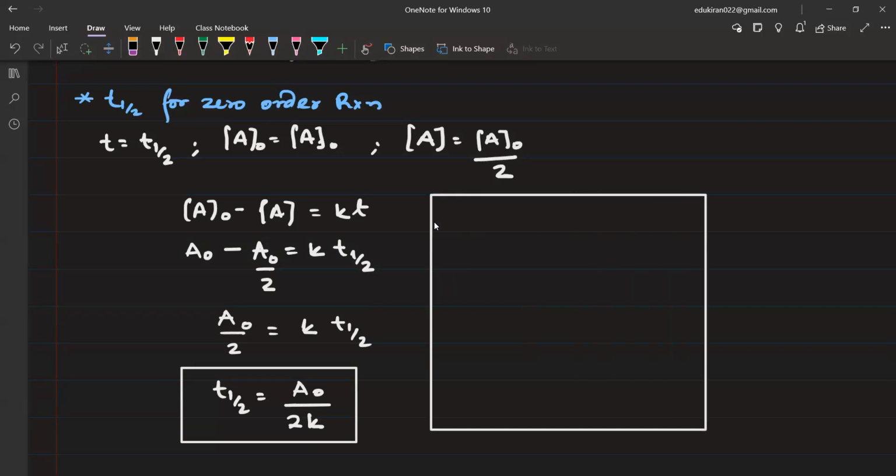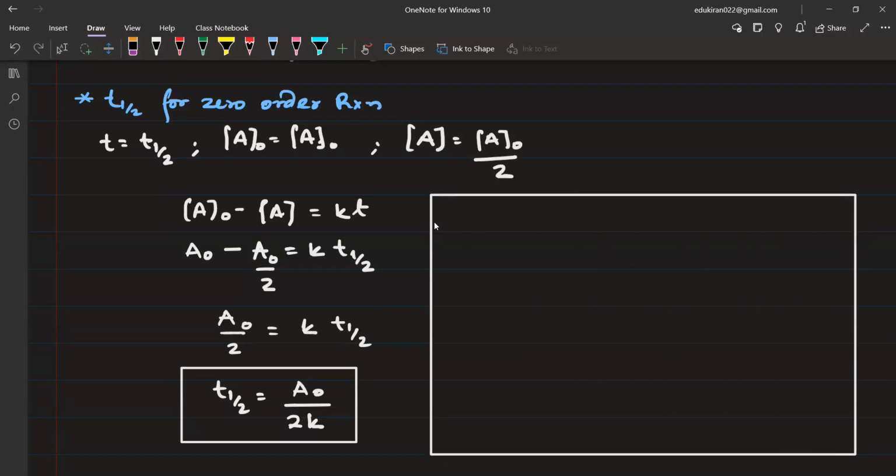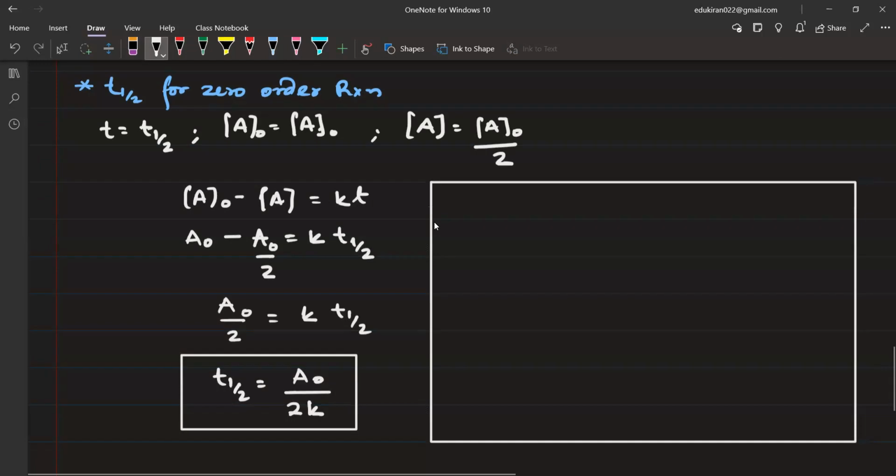Now here, look at one small point: T 100%. T 100% means the time taken for the zero order reaction to reach 100%.